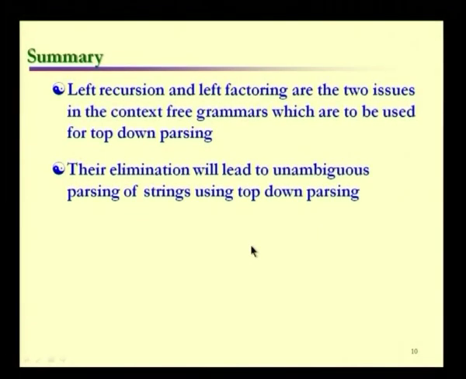So, we have seen both left recursion and left factoring. Left recursion is where we have productions of the form A derives A alpha, and in left factoring we have productions of the form A derives alpha beta and alpha gamma, and both are supposed to be removed from the grammar, so that this grammar will be useful for top down parsers.